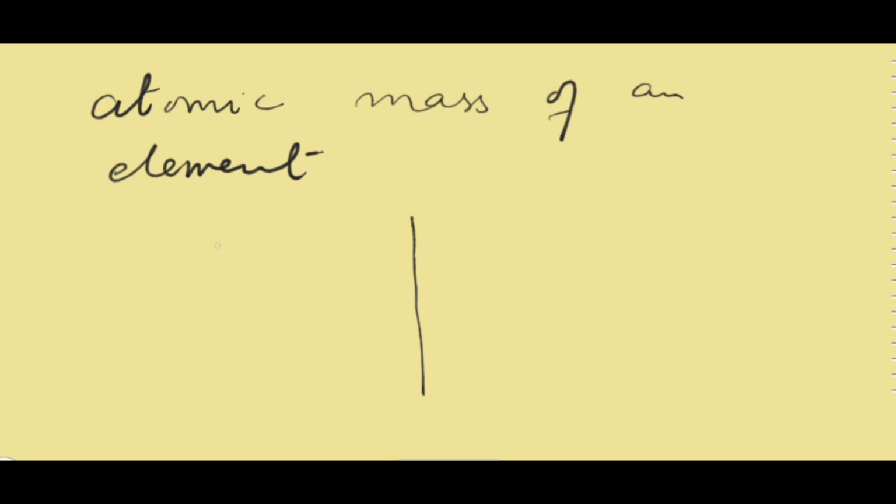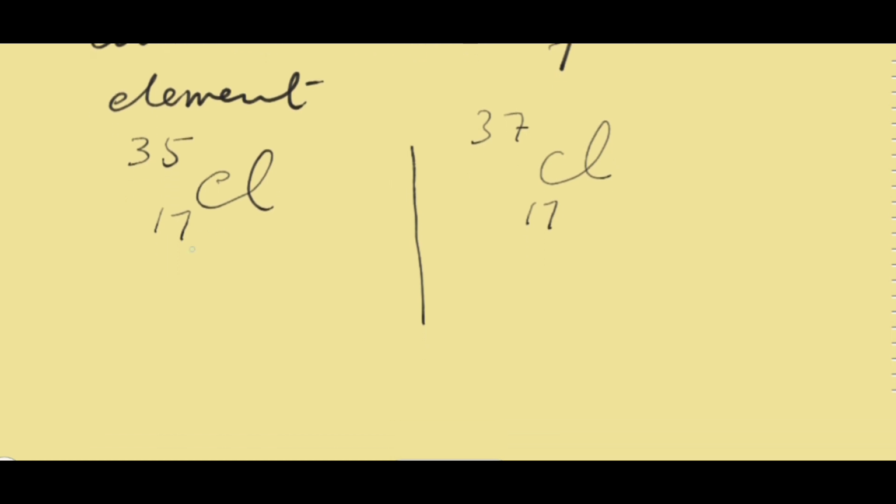It has two isotopes, chlorine 17 and 35, and chlorine 17 and 37. I also found the masses of these two isotopes, one is 35, one is 37.